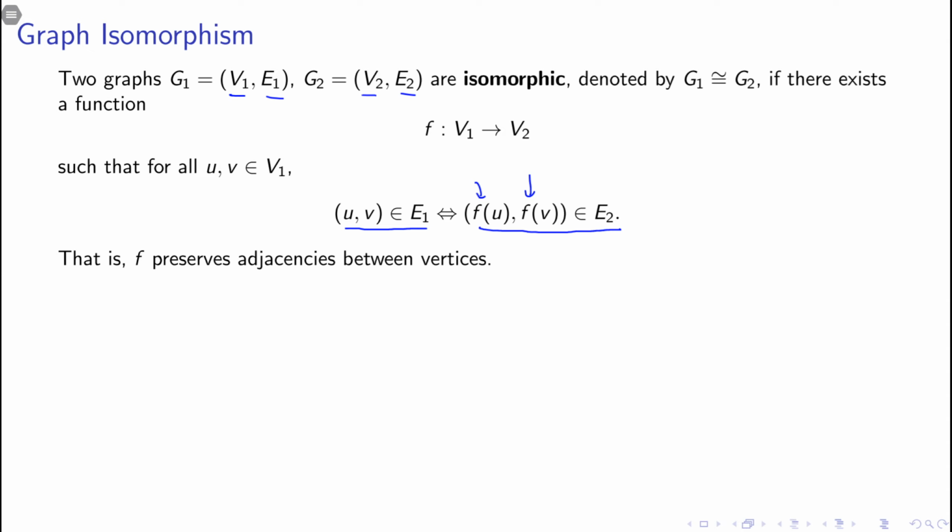In fact, f here has to be a bijection, but I mean, it has to be for this to make sense there, for an edge in E1 to be an edge in E2 and vice versa.